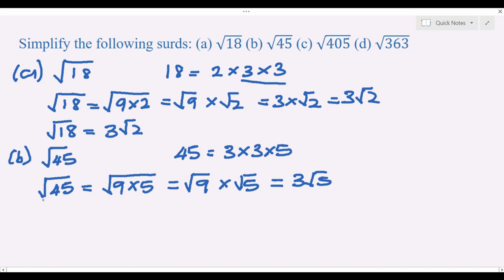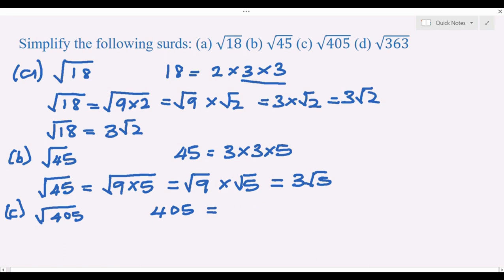C. This is the square root of 405. Recall, we are breaking our numbers into its factors. Now if the number gets bigger, all you need to do is just start dividing.